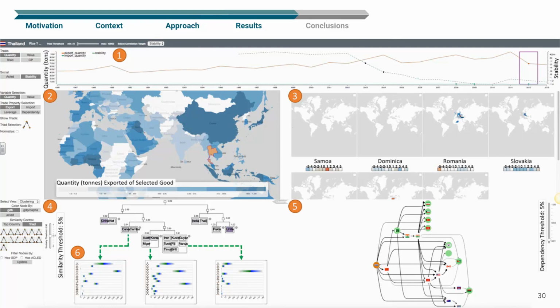And then over on the right, we have a diffusion graph, which shows how the activities in Thailand could affect other countries. Countries that are closer to Thailand in this graph are more directly affected, and the farther away, they might be indirectly affected.